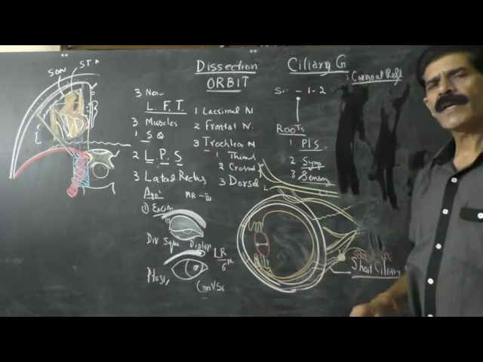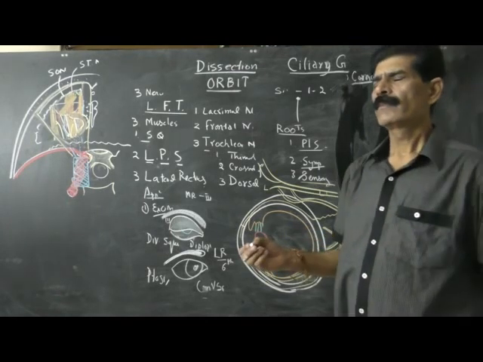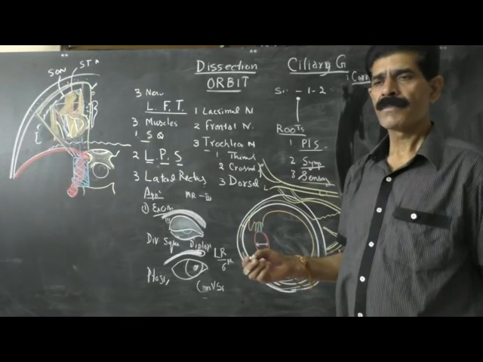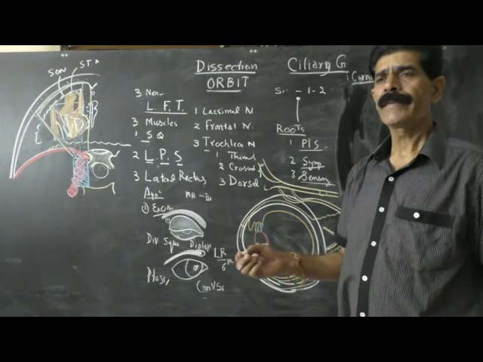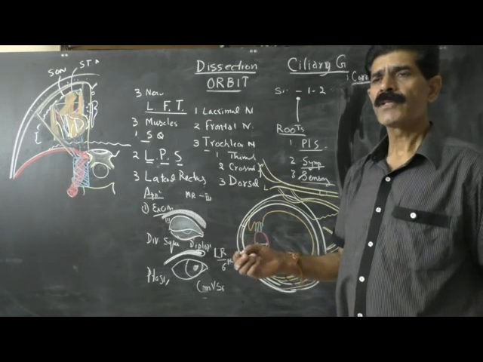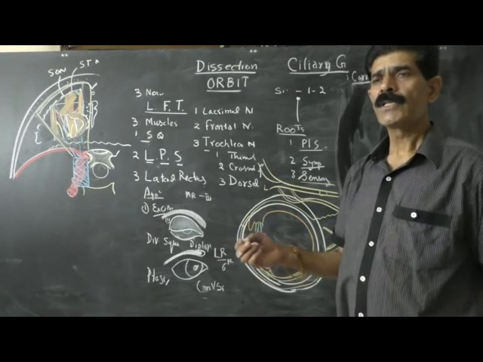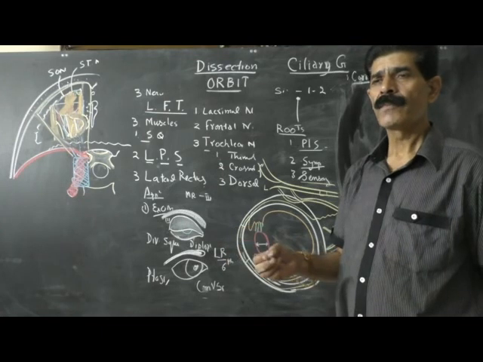In the corneal reflex, if a patient comes in a coma, an unconscious patient, and without a CT scan, in the first examination we want to see whether there is an injury of the brain or not.